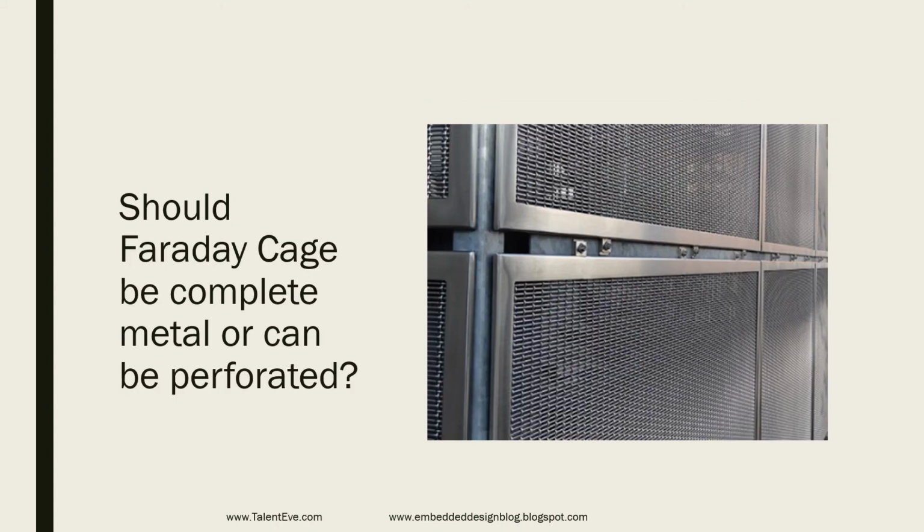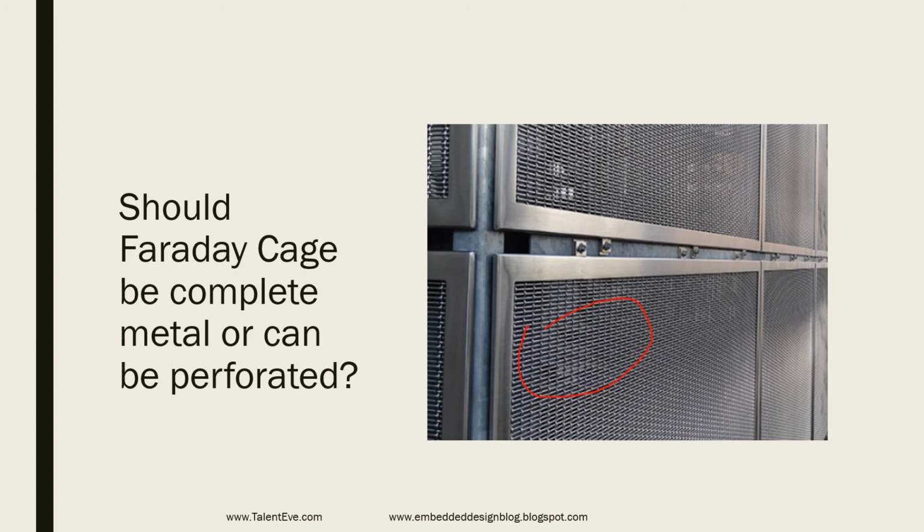So coming down to another scenario in Faraday cage: should a Faraday cage be completely metal or perforated? What is the difference between complete metal and perforation? Complete metal is like a full enclosure without any holes in it, whereas perforation is like the case you see here, where there are small holes within a cage.